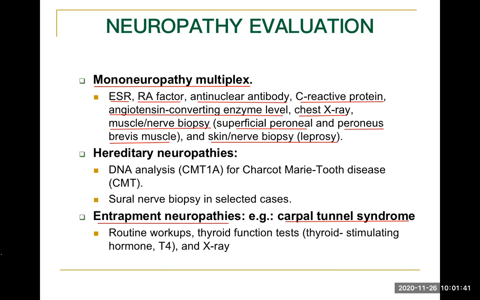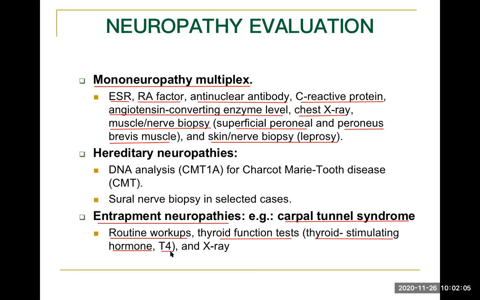Now let's come to the point here. We have to go for routine workup, of course, then go for thyroid function test to diagnose hypothyroidism. In case of hypothyroidism, what happens to the TSH level? If it is primary hypothyroidism, what happens to the TSH level? Increase. Elevated. Absolutely.